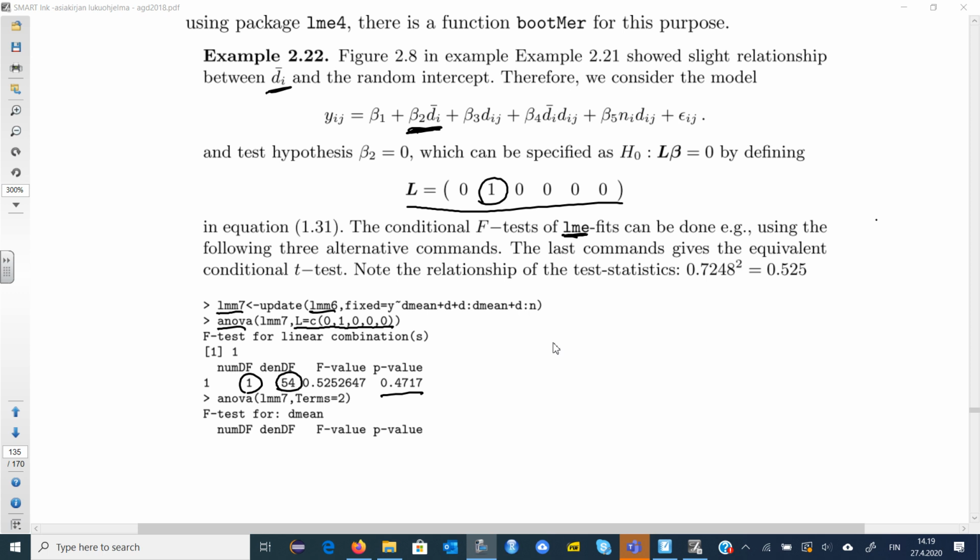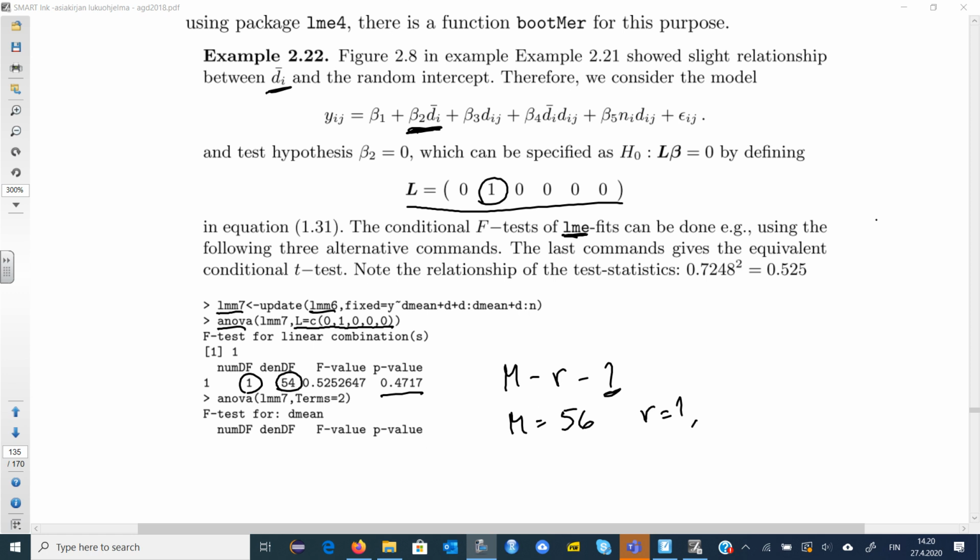So for every group or every sample plot of the data, or for all observations of the same sample plot, the value of the predictor is always the same, and therefore this denominator degrees of freedom is computed using formula m minus r minus 1, where m is 56, the total number of plots in the data, r is 1, the number of restrictions, the number of rows in this L matrix, and then this 1 here is just to take into account the 1 degree of freedom that is used for estimation of the intercept of the model.